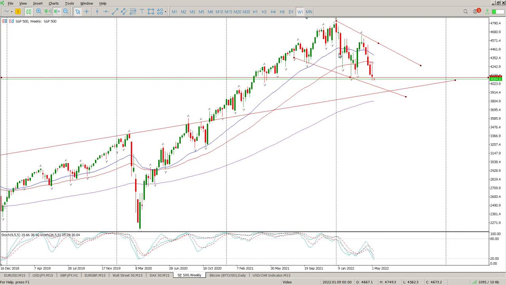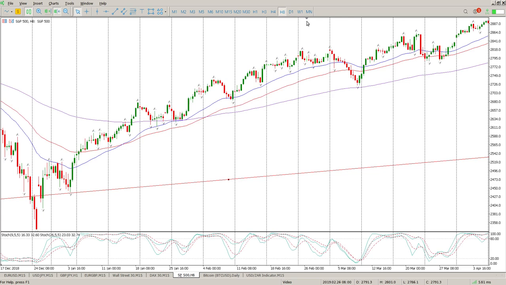But I think this area we're in at the moment is of significance, at 4,100, and then the next 200 points down is also of serious significance, so that's 4,000 and 3,900.